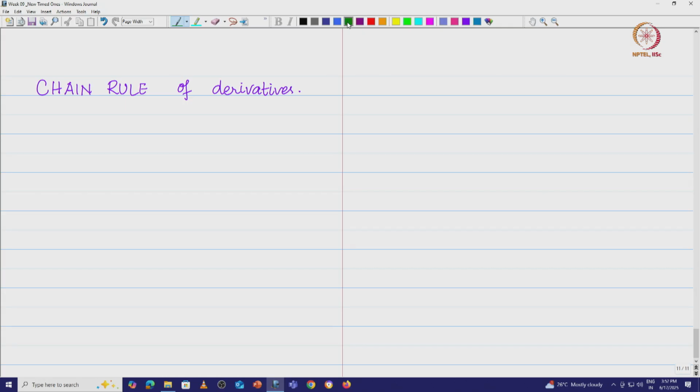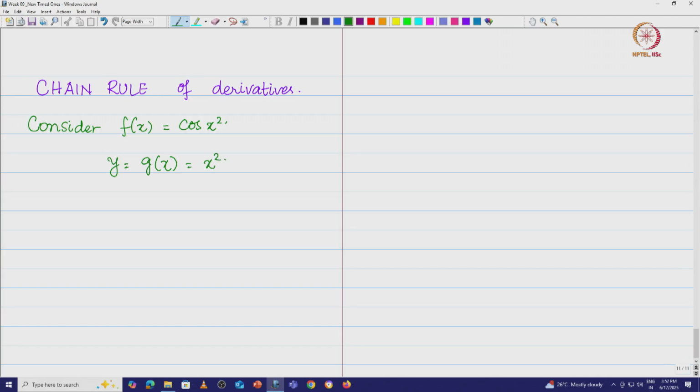Suppose I consider this function, let us say f of x is equal to cos x squared, where I am going to say g of x is equal to x squared.